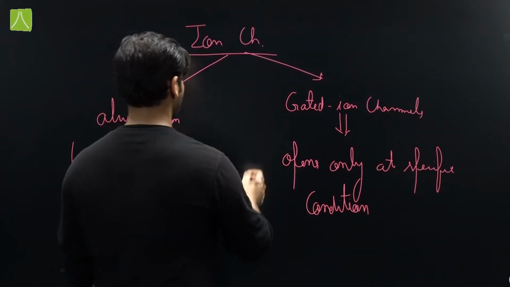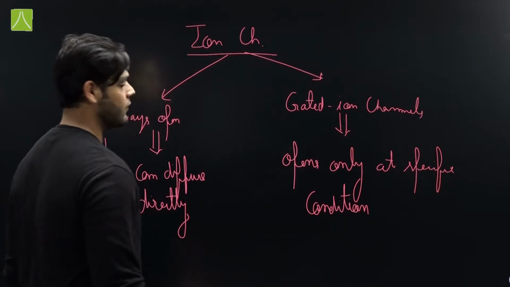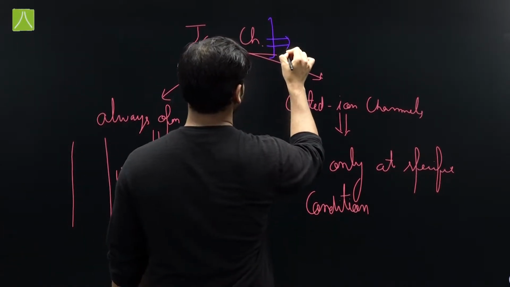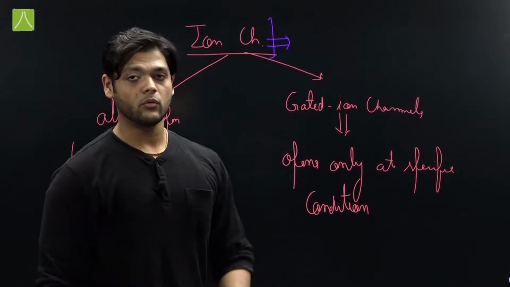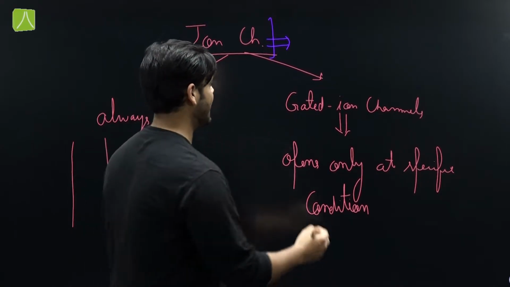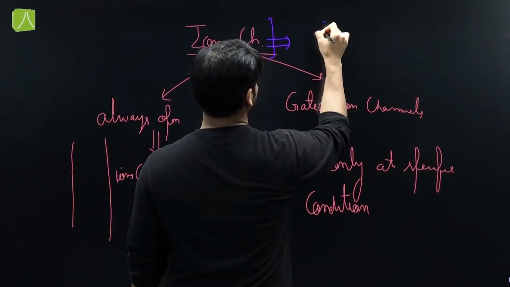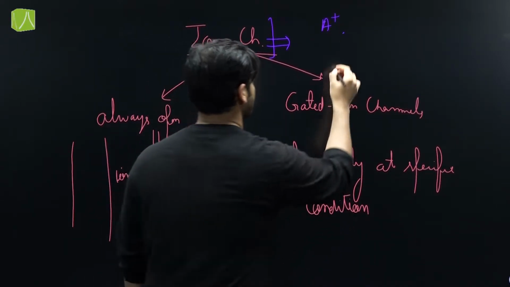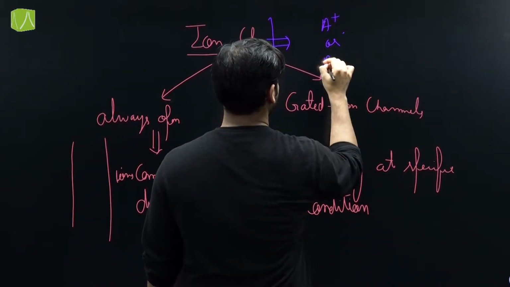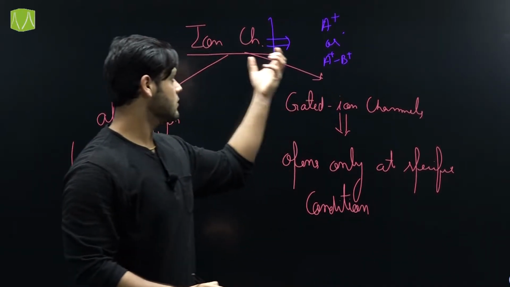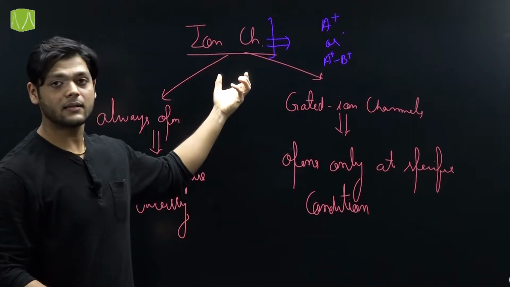So now there are two major categories of ion channel, but we should know that an ion channel allows at a time only either one ion or just a small set of ions. That means it allows only A ion, like A plus ion for example, or it can allow a set of ions like A plus and B plus. Only this set is permitted by this ion channel.